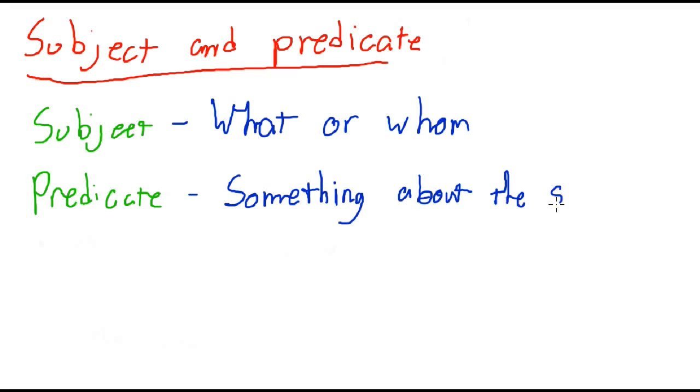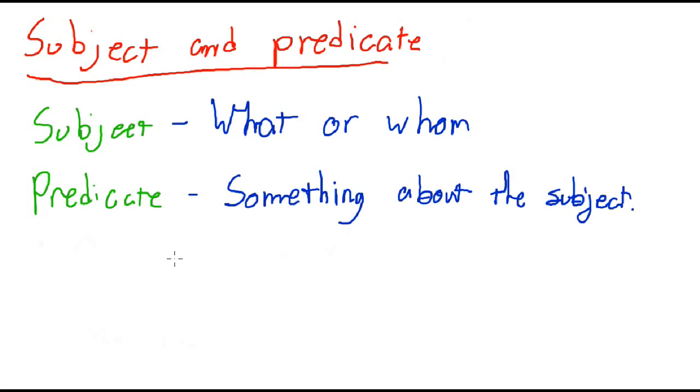So the subject is what or whom, the main person, the main character in the sentence. And the predicate is saying something about the subject. It's talking about the subject.